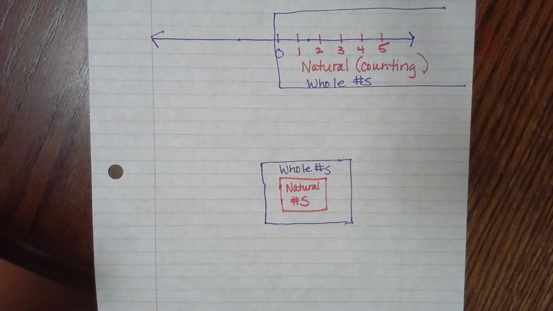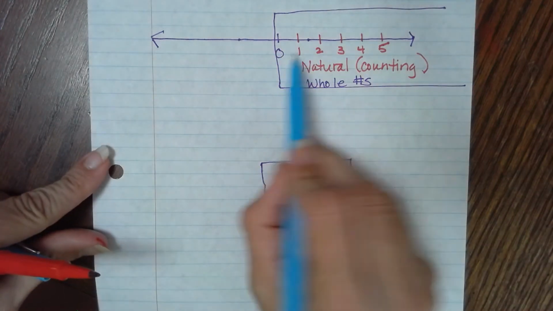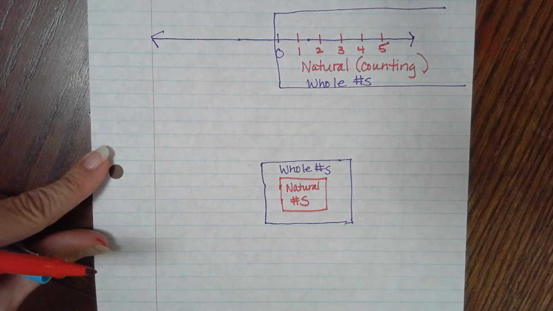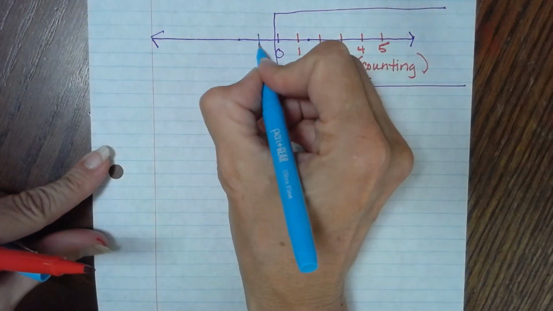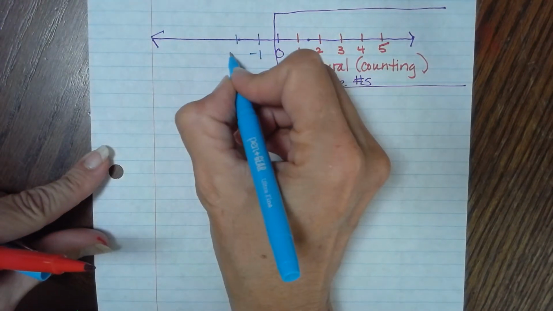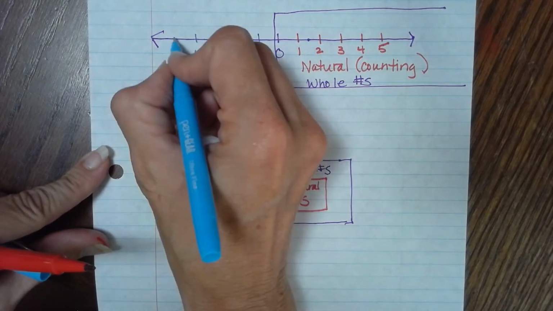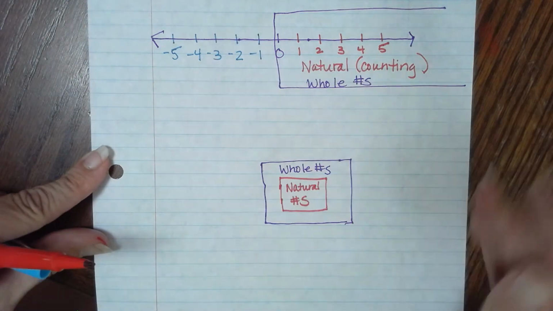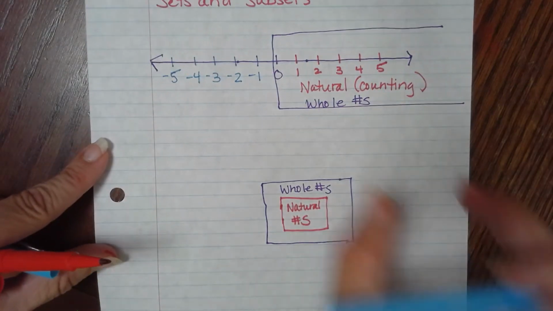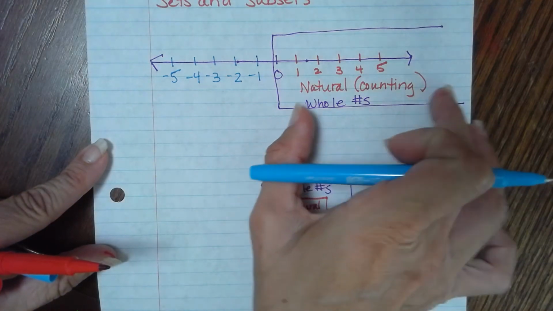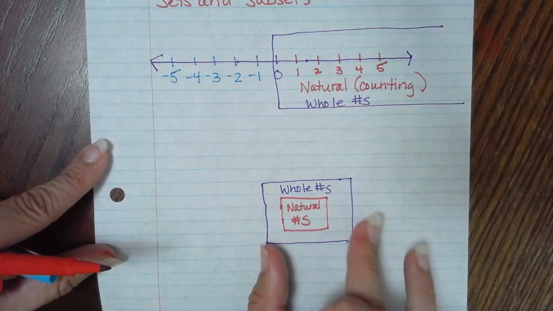Alright, so then behind the 0, so everything this way is positive, because we only count by positives when we're counting. So this way is where we have our negatives, behind the 0. So this is the next size up in groups of numbers. So we started with natural, which is the smallest group. Then we expanded by 1 number, 0, which gave me whole numbers.